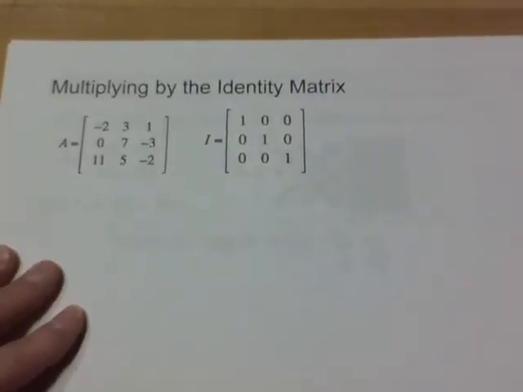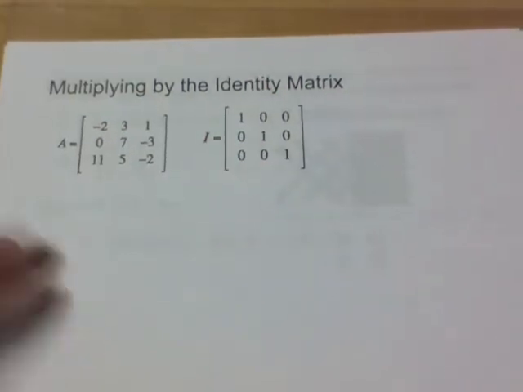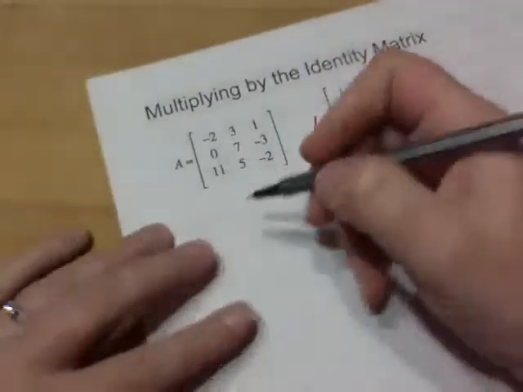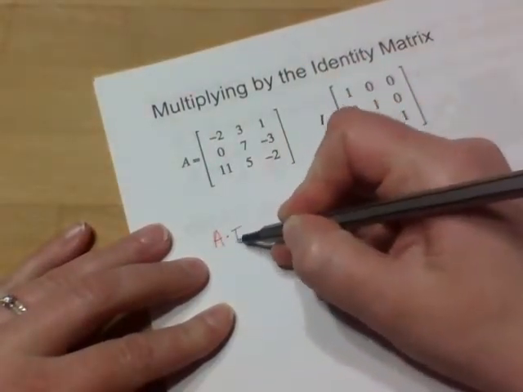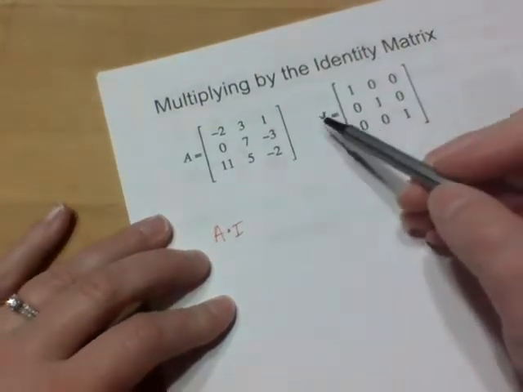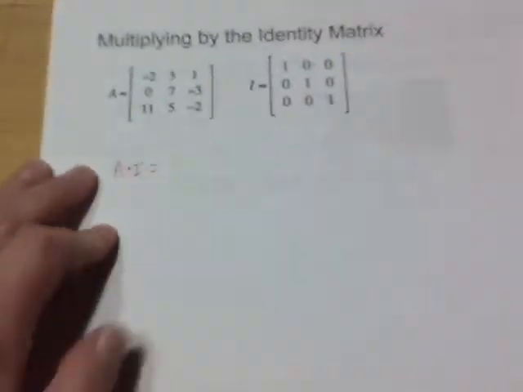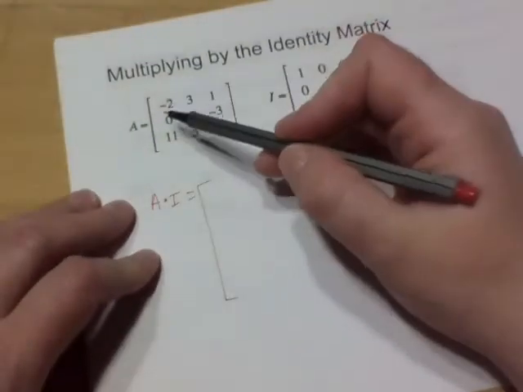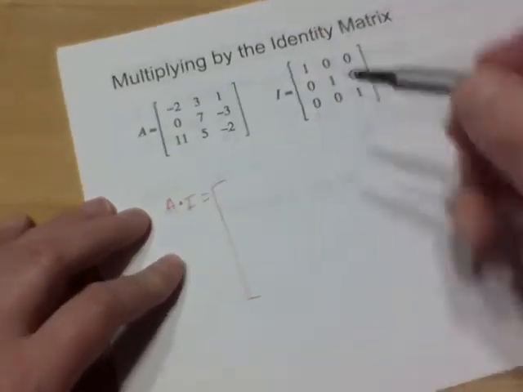All right, so we're going to go ahead and multiply matrix A by the identity matrix. So we are going to do A times the identity matrix, which is a capital I. It's just kind of hard to tell. And in order to do that, we're going to come up with a 3 by 3. We're going to take this first row and multiply by this first column.